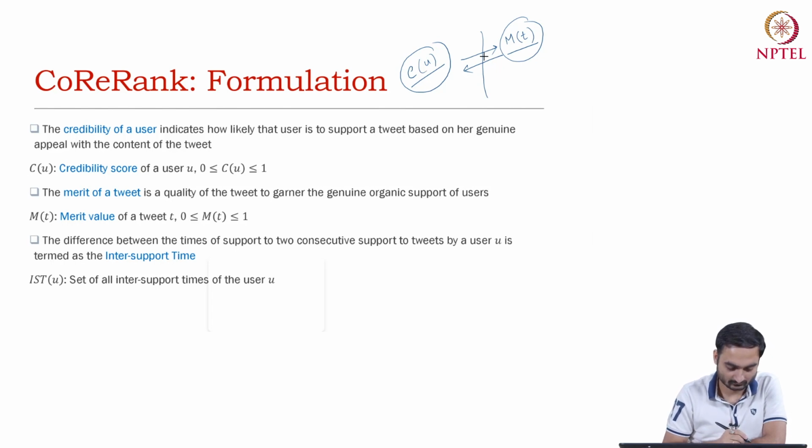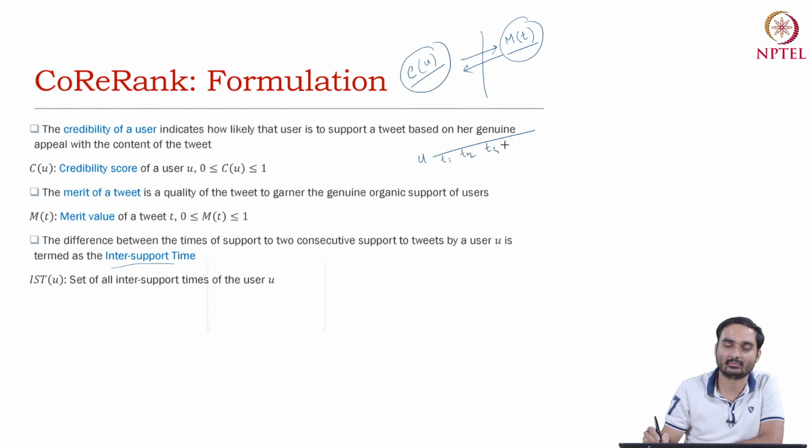Then we look at an important quantity, which is the inter-support time. For every user, we noted down the tweets T1, T2, T3, and so on. These are the tweets that this user retweeted, and you also know the time when these retweets happened.